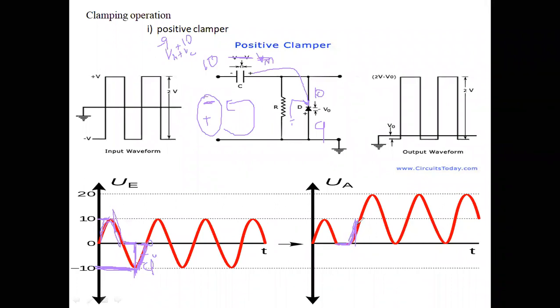Because our output voltage is nothing but Vin plus Vc. Vc is 10 volts. Plus is connected. Therefore, this will be 10 volts.